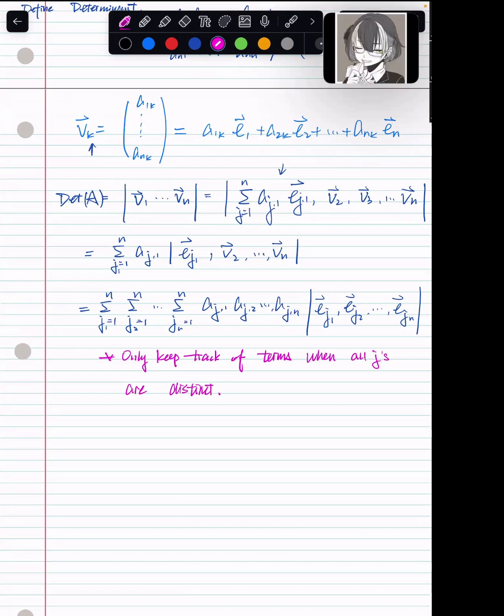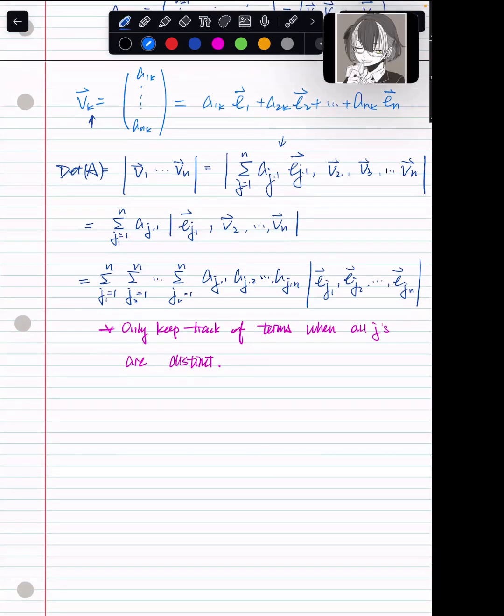Okay, now basically what that means is j1 through jn should include all the numbers from 1 to n. Since there are n of them, and we want each one to be distinct, there will be one of each, like the pigeonhole theorem.